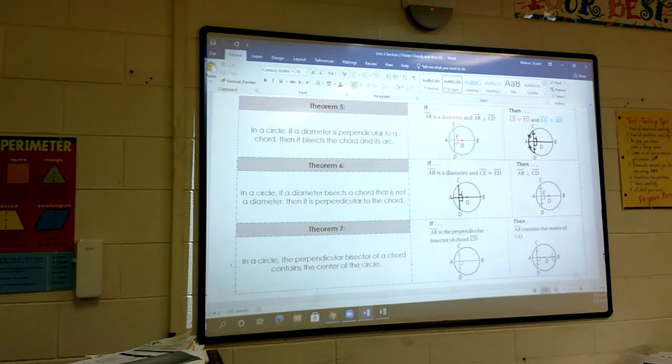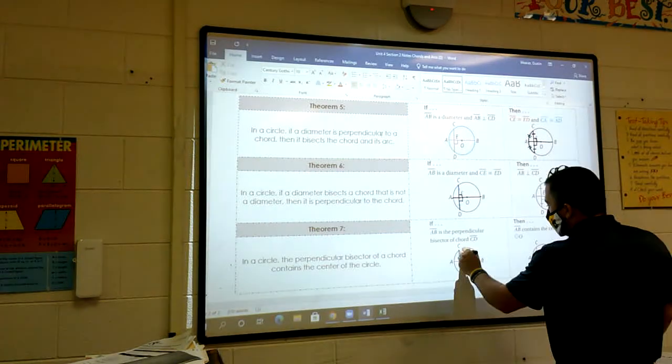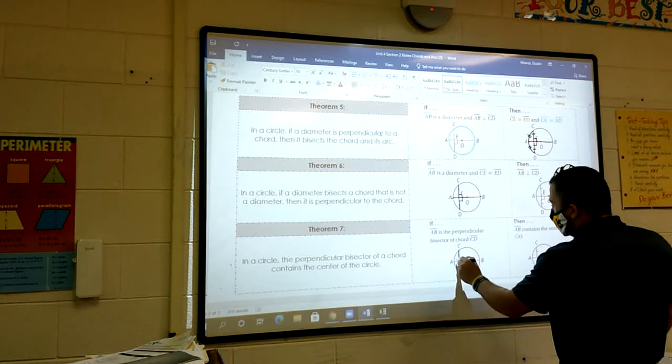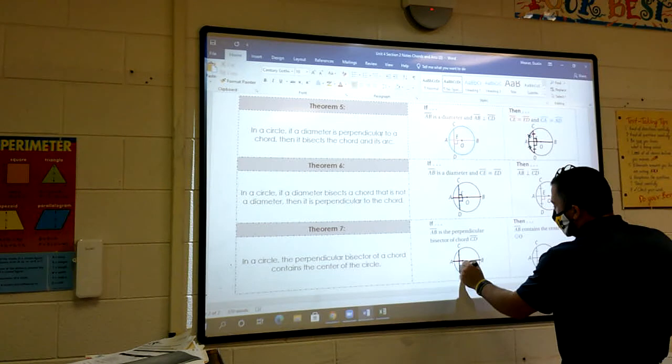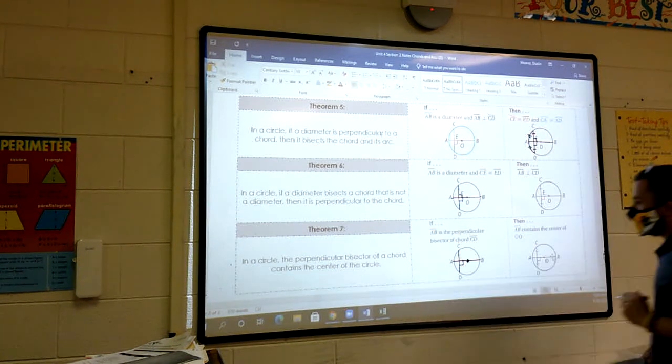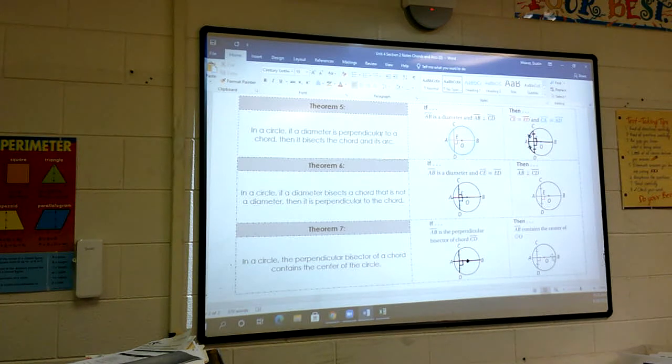Number 7. In a circle, the perpendicular bisector of a chord contains the center of the circle. So if you have a chord and you bisect it at 90 degrees, it means that you are going through the center of the circle. You must be able to find the center there. So these three things basically say the same thing.